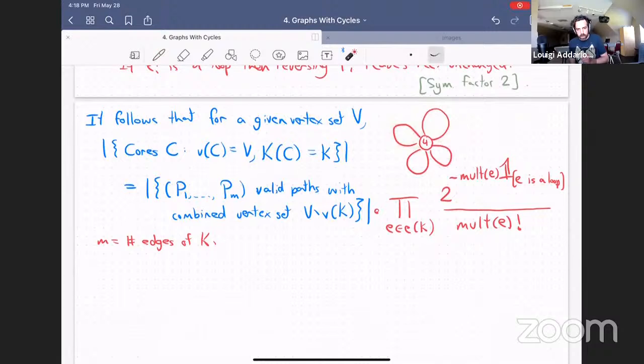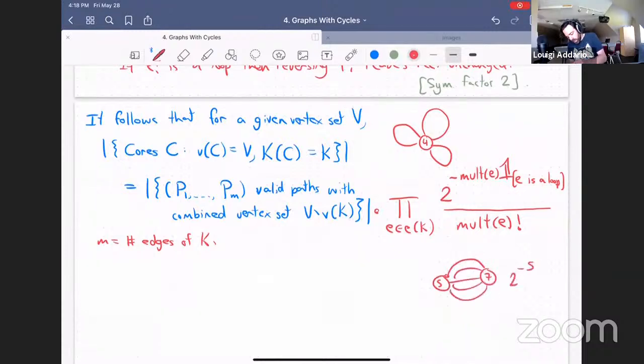Okay. And so a bouquet of 3 loops like this would give us a 2 to the minus 3 factor, and an edge, say 5, 7 with multiplicity 5, would give us a 5 factorial factor, because any permutation of those edge paths yields the same reconstruction.